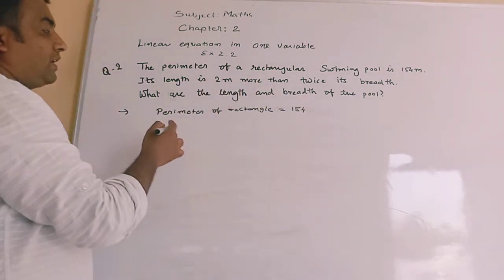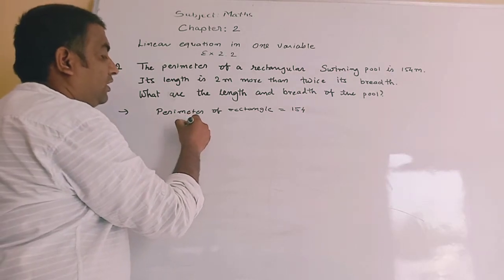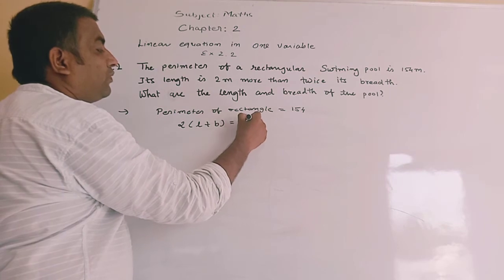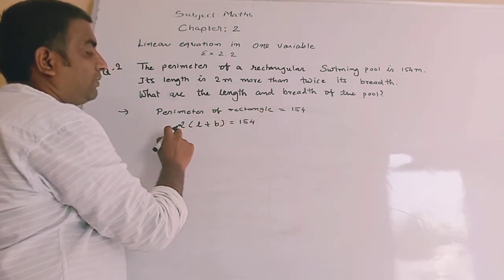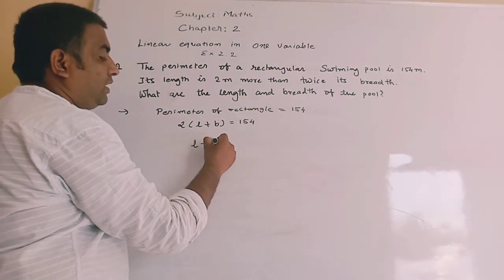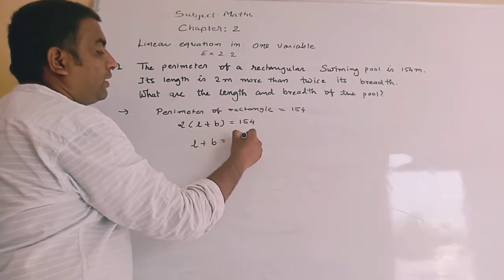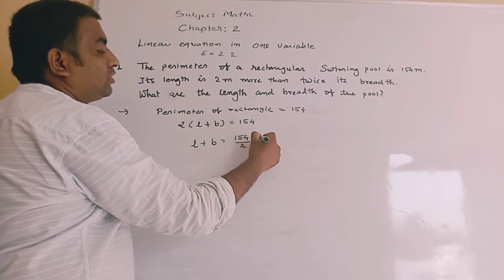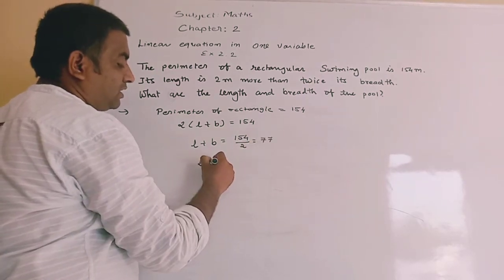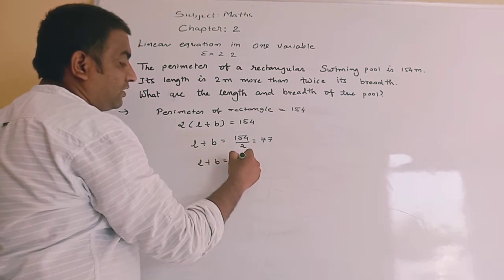Now the perimeter formula we all know: 2 into (L plus B) equals 154. So 2 is in multiplication, we will take it to the other side. L plus B equals 154 by 2. 2 sevens are 14, so L plus B equals 77.